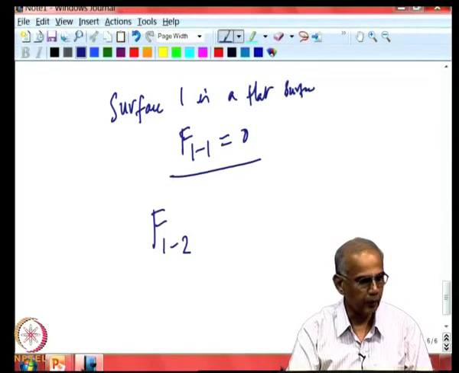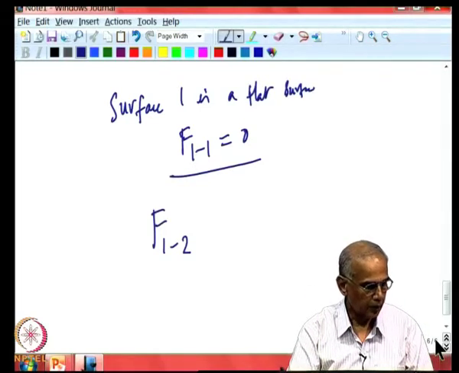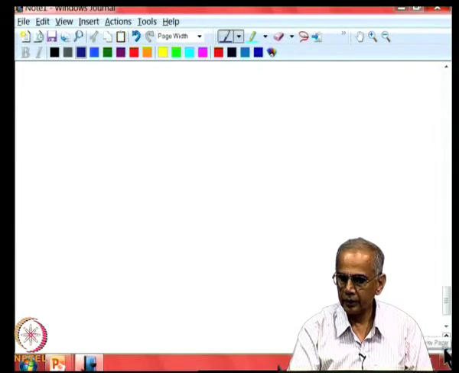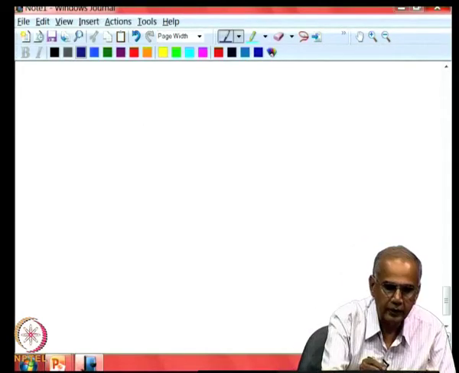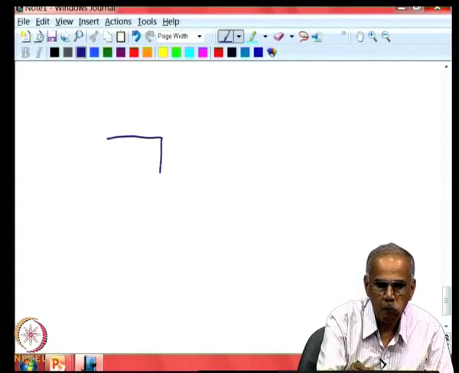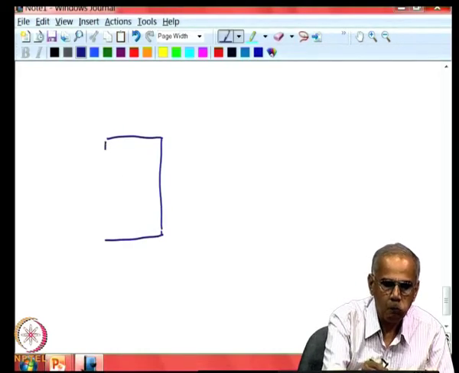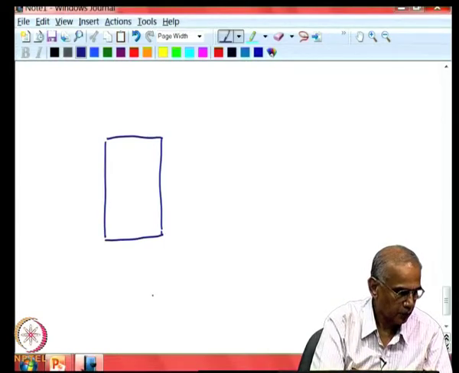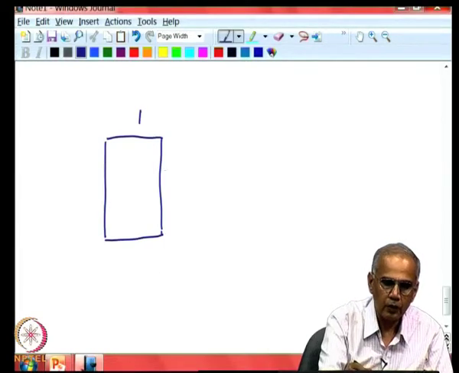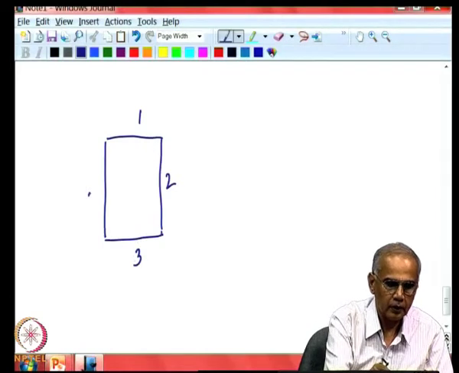Now, this I am going to illustrate in a real situation. I will take a rectangular enclosure, okay, and you have surface 1, 2, 3.